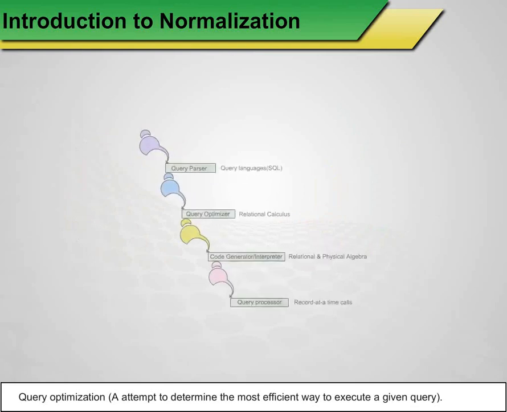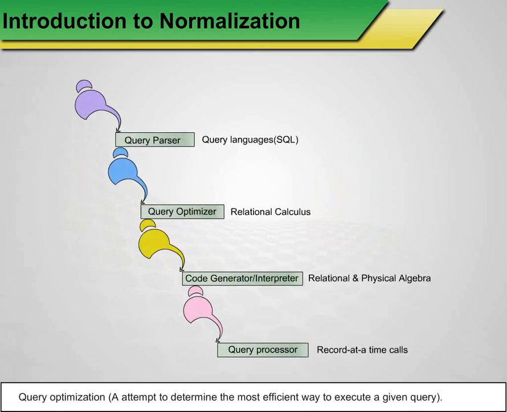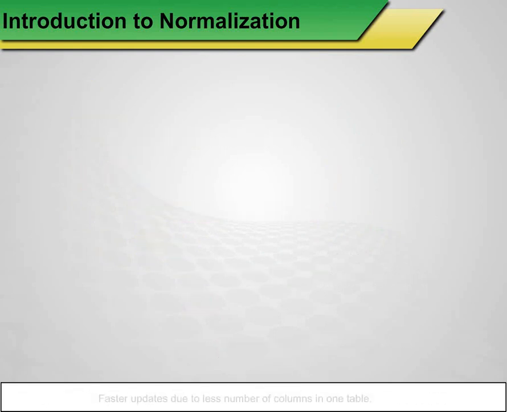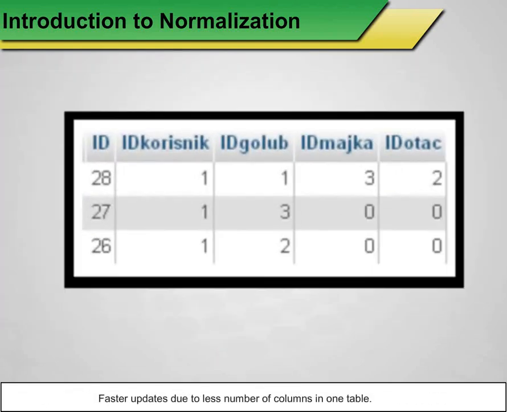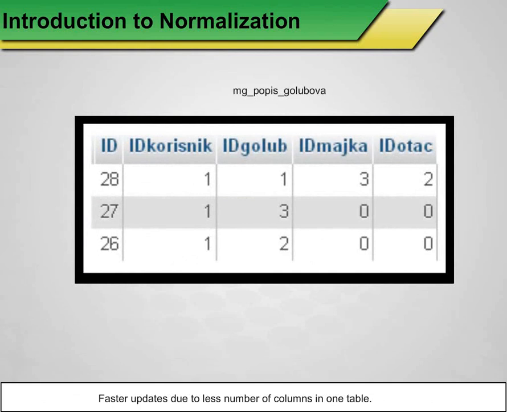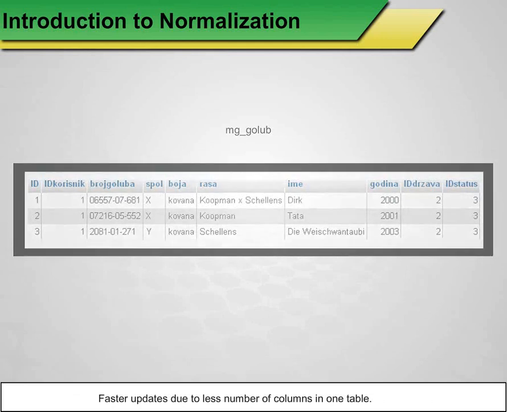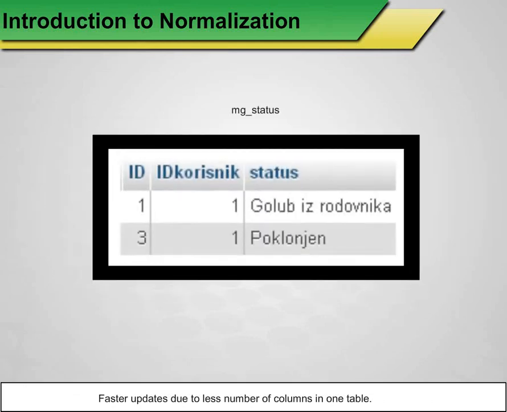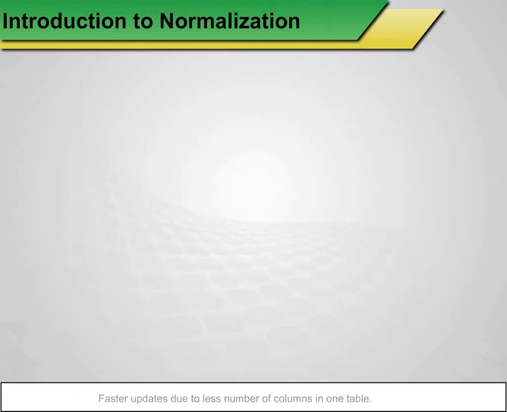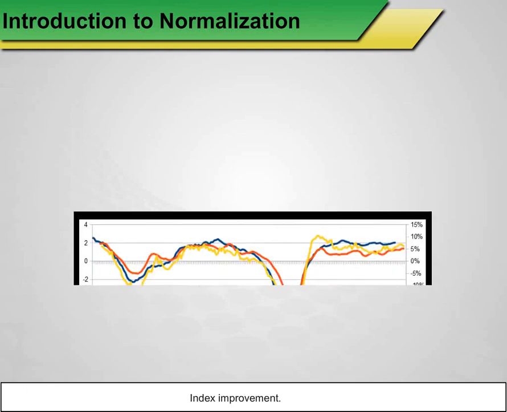Query optimization, an attempt to determine the most efficient way to execute a given query. Faster updates due to fewer columns in one table. Index improvement.